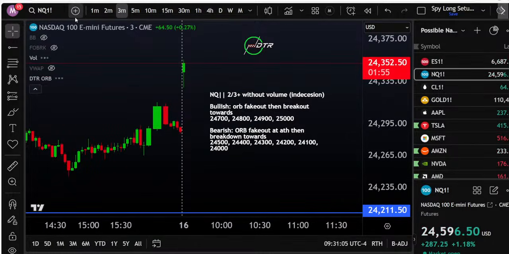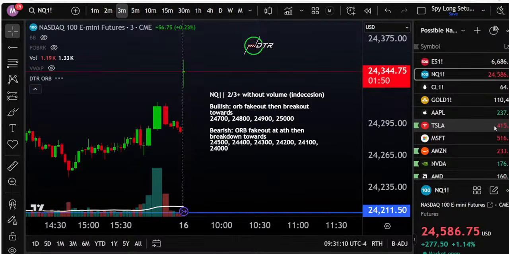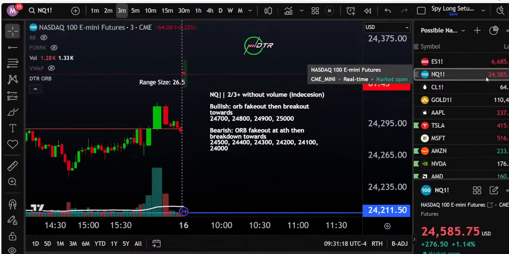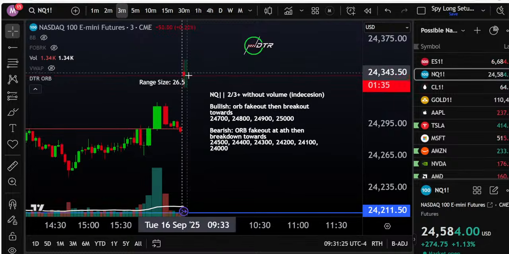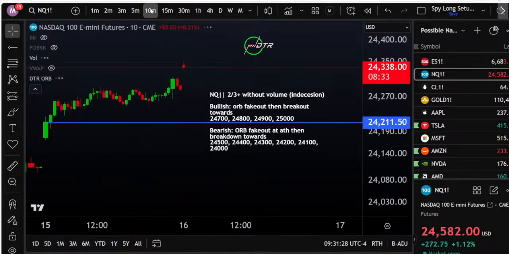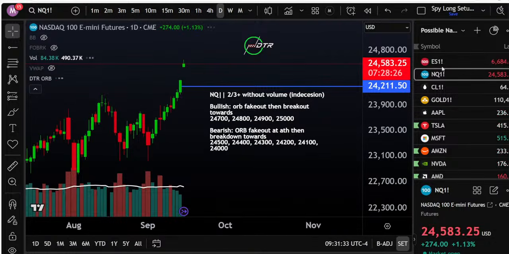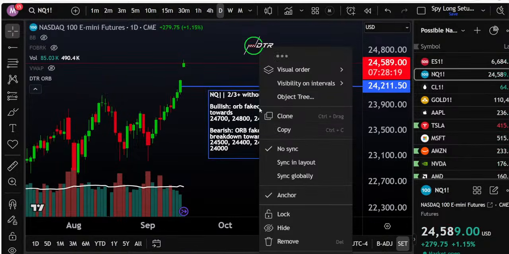Yeah, let's see how the market shapes up here today. And let's go from there. So right away, we can see watch list price and actual price here on NQ is significantly different, right? Here it's 24,340. Here it's 24,581. So on certain time frames, we appear to be seeing the September contract, and on other time frames, we see the December. So what we're gonna have to do here today is just trade or view the December contract specifically.